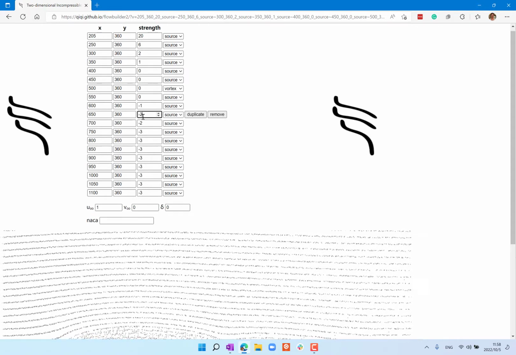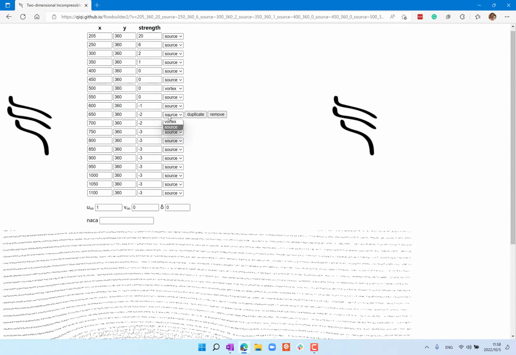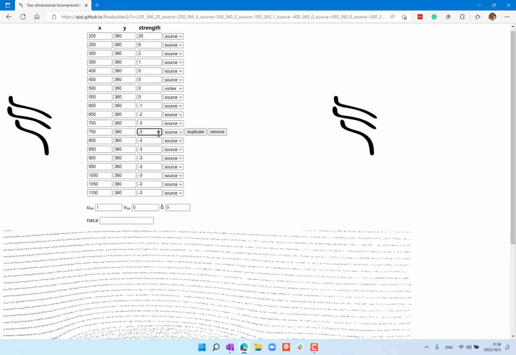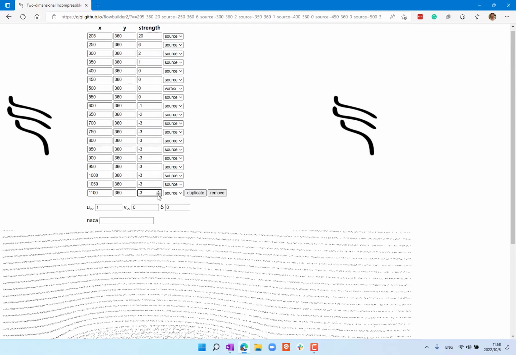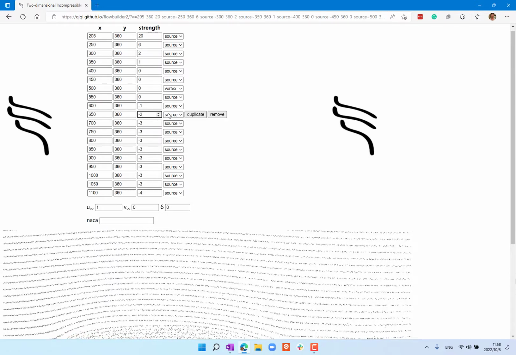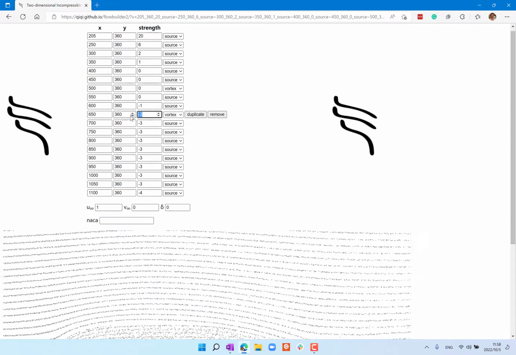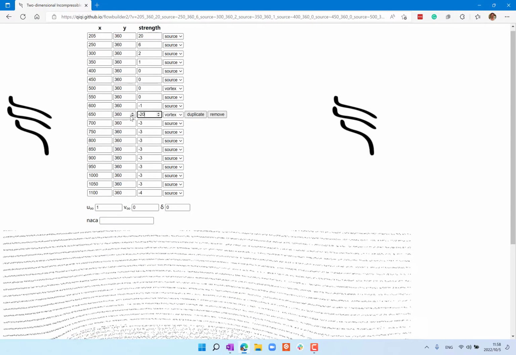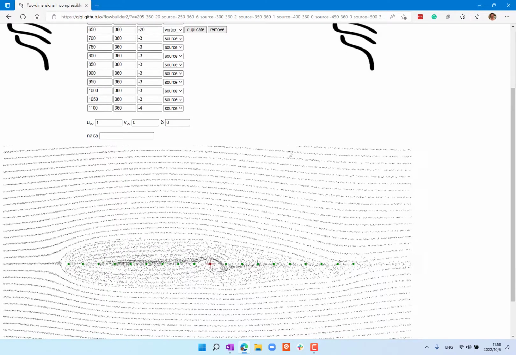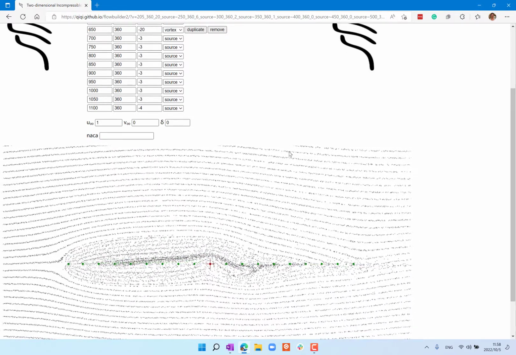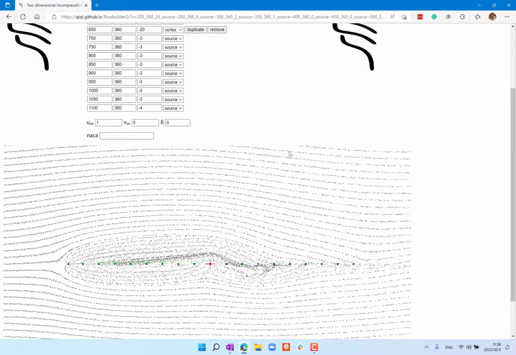Yeah, I think that's the middle. So I would make this. Let me just still close the airfoil, and then I would make this a vortex, and if I want positive lift, I would give a negative vortex over here. So that's how I'm generating positive lift, and that lift is centered right over here, right?